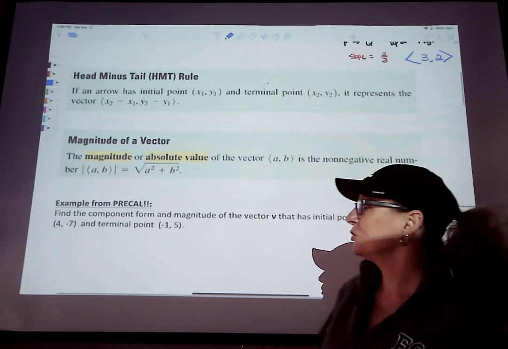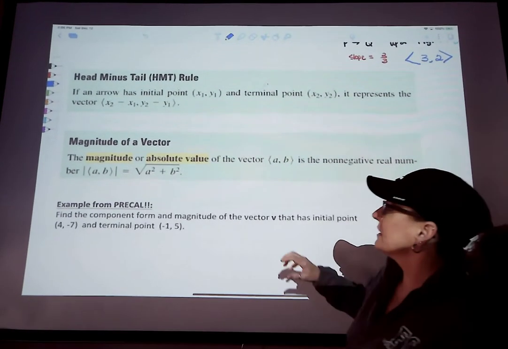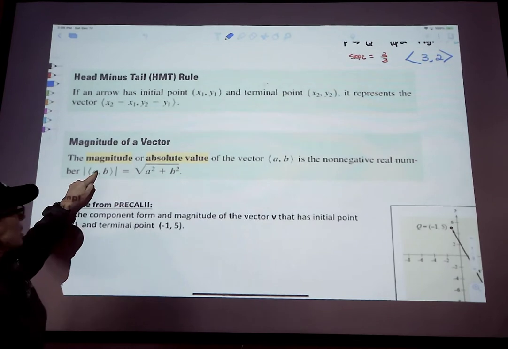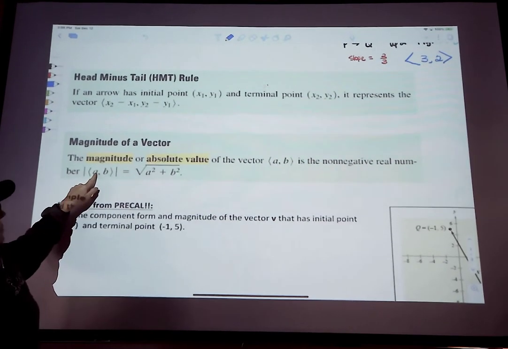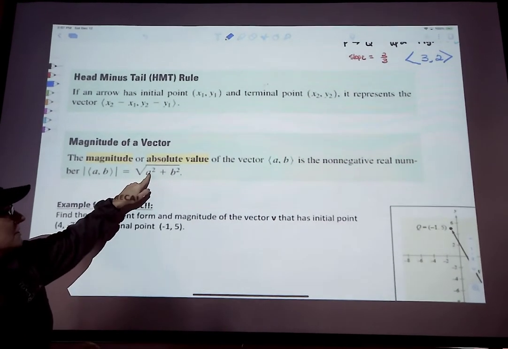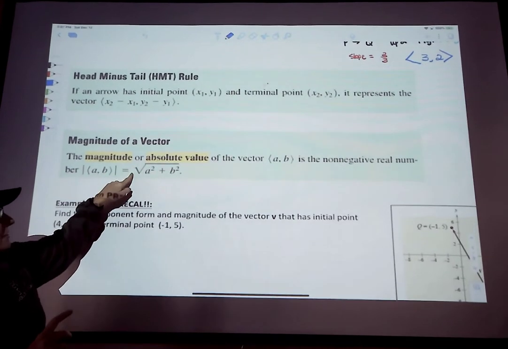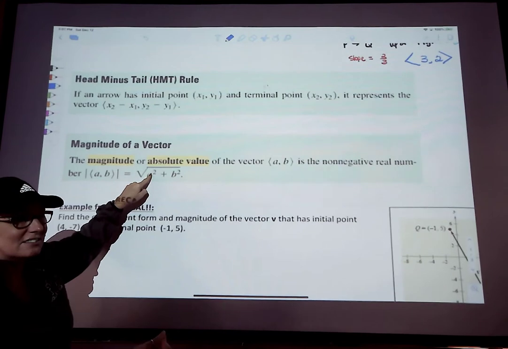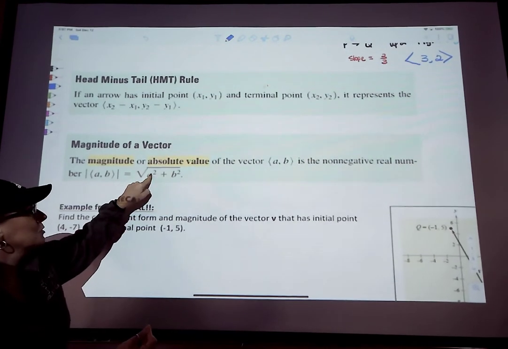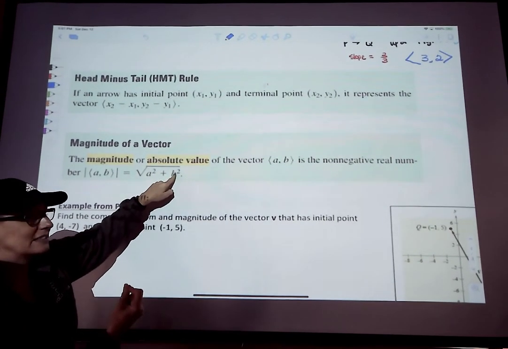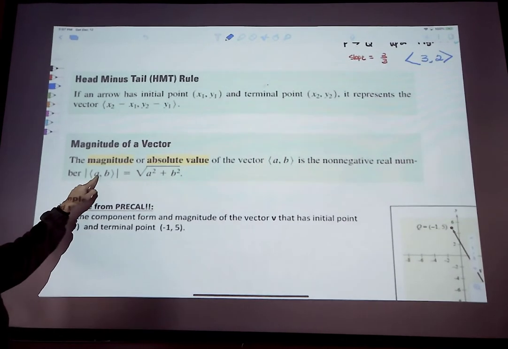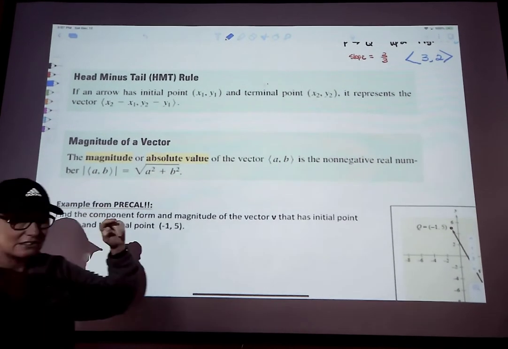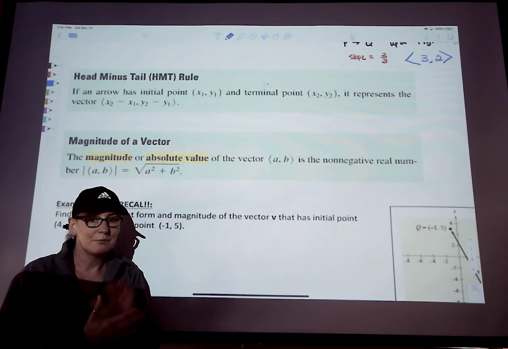The magnitude of a vector is, remember this is change in x and change in y. So really the magnitude is the square root of the square of your x distance plus the square of your y distance. This is just the Pythagorean theorem.